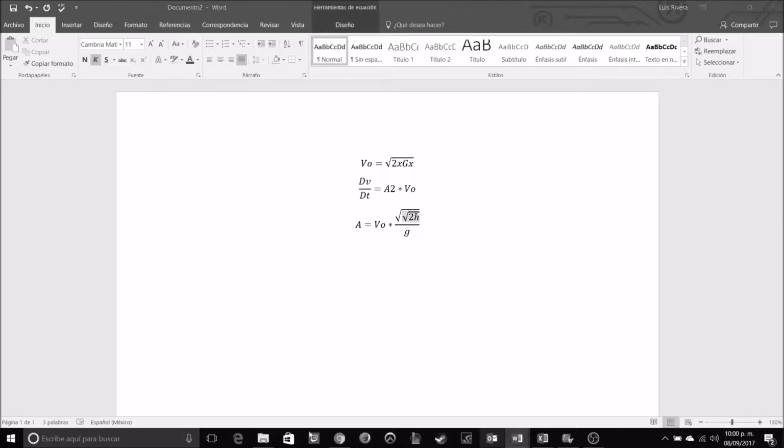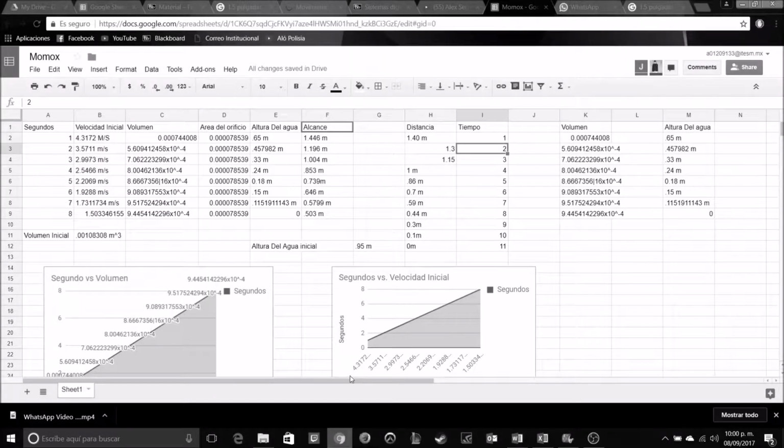Now our data. We got this data, okay? So now let's analyze it. All this data is the analytic data, and this data is the experimental data, okay?